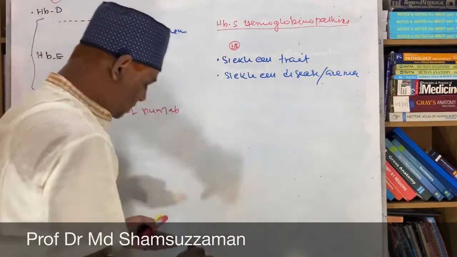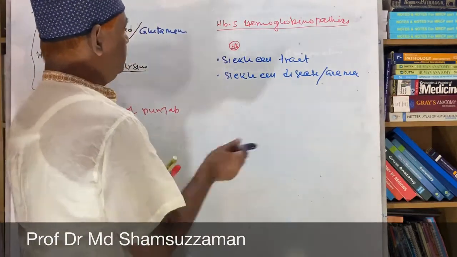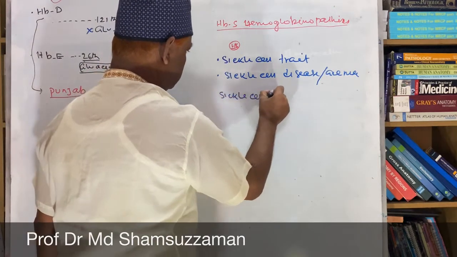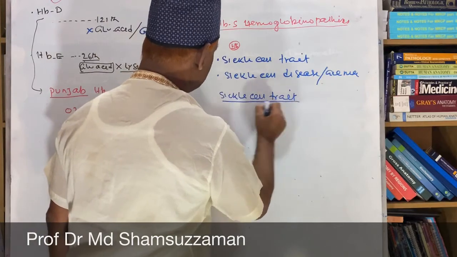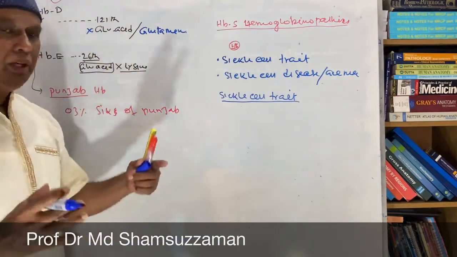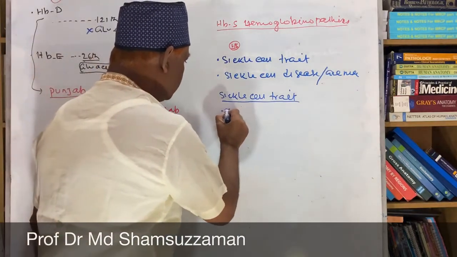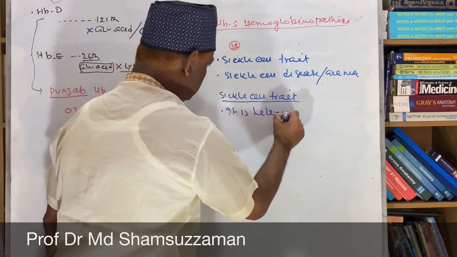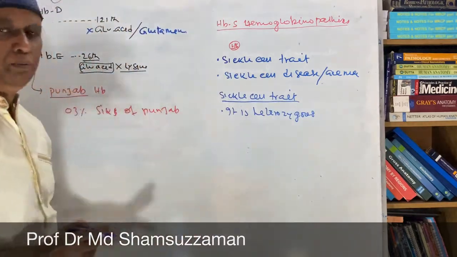Now come to the first, sickle cell trait. Sickle cell trait is one of the hemoglobinopathies. In sickle cell trait, it is a heterozygous state. What does it mean?